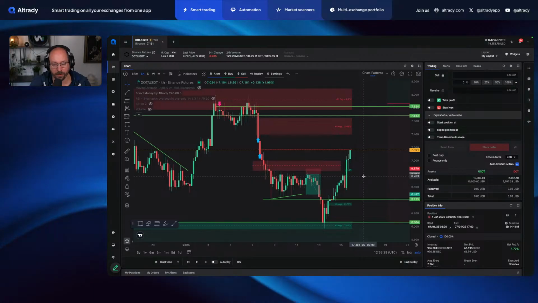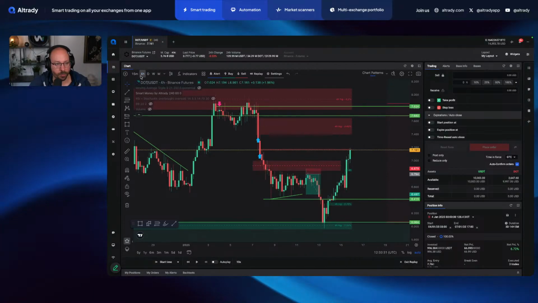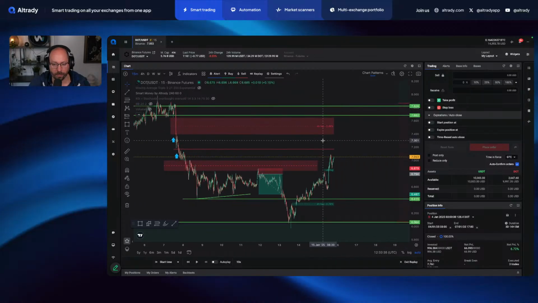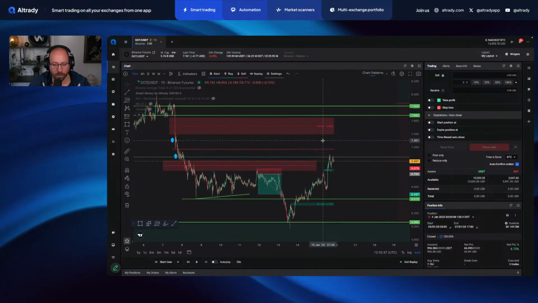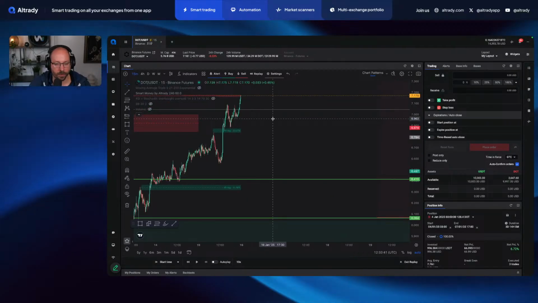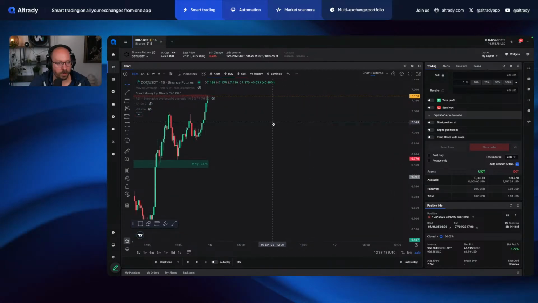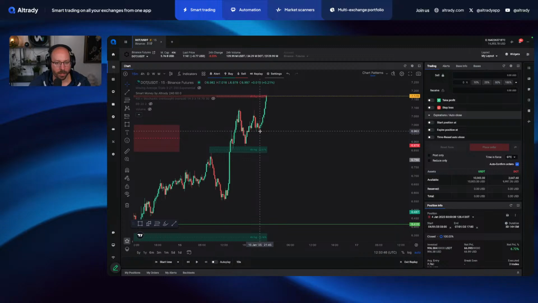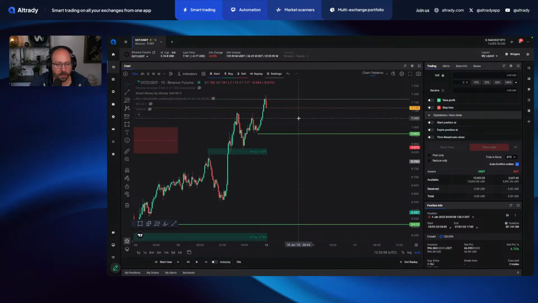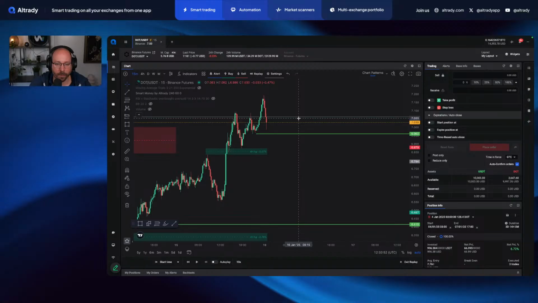Okay, we get the fair value gap. So this could be part of our entry. There. Although it's a relatively small one, and the shift would be there. I mean, it's going for it.